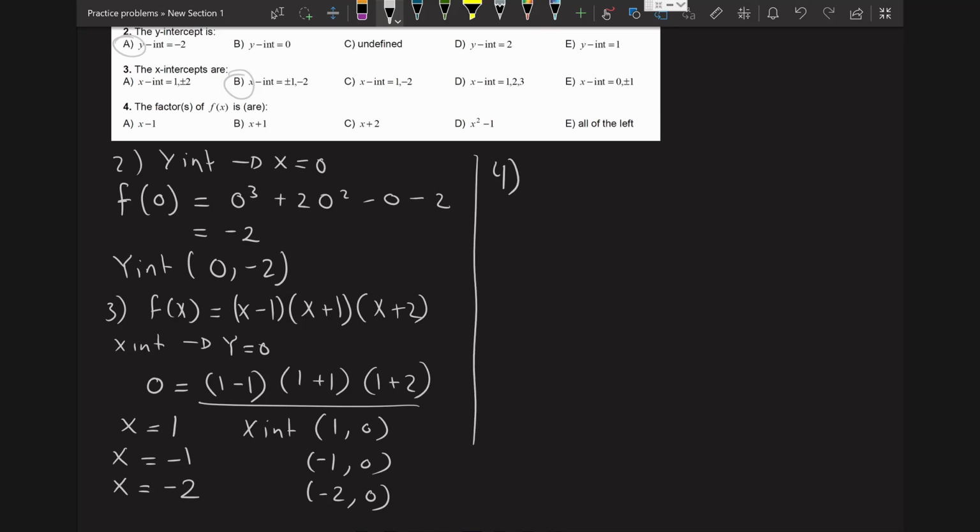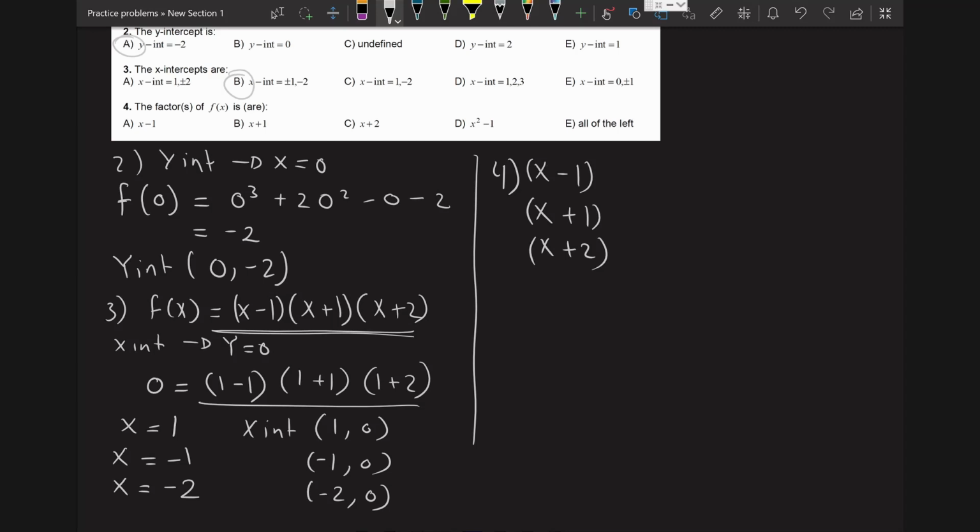It's literally just what we solved for in part 3. So x minus 1 is a factor, x plus 1 is a factor, x plus 2 is a factor. So technically all those answers are correct.